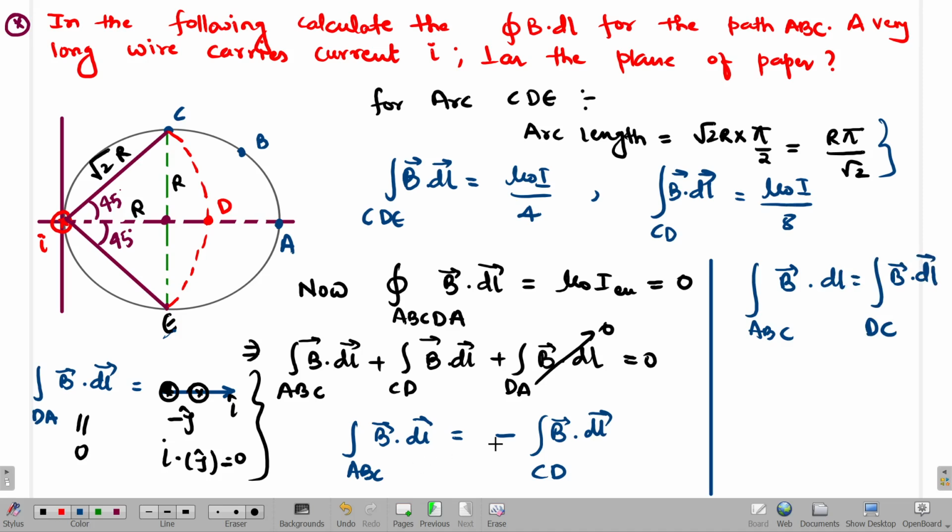Can I write negative side if I change? So I consider the opposite one, DC. Are you able to get me from here to here? So that is still the same, mu naught I by 8. It is mu naught I by 8.